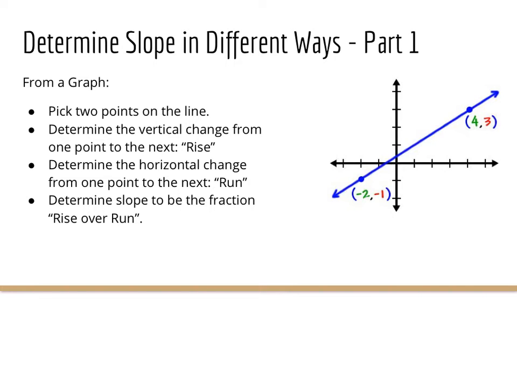I'll start off here by determining the rise. I'm going to start at the point on the left and count up until I reach a level on par with the point (4, 3). So I'm going to go up 1, 2, 3, 4. I'm going up 4. Up on the Cartesian plane is a positive direction, and plus 4 is my rise.